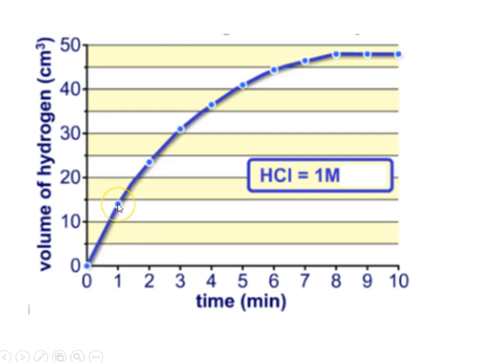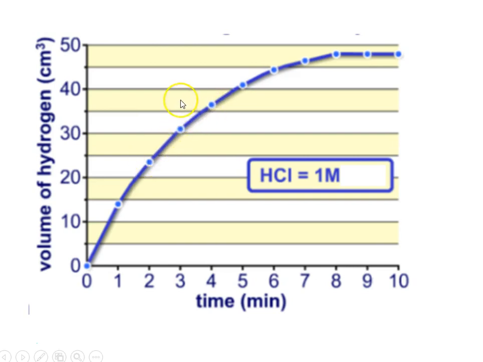If this was at the same rate, then 14 lots, another 14 would be 28 in the second minute. So if it was going at the same rate, you should have a point up here, a straight line graph. You should have at 28 for 2 minutes would be the amount of hydrogen, but you can see we've made a lot less, so it's slowed down from here to here, and each of the divisions it's slowing down and slowing down.